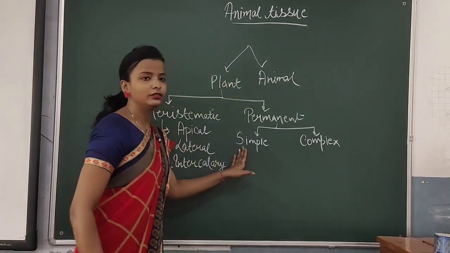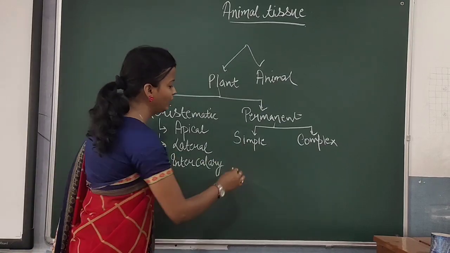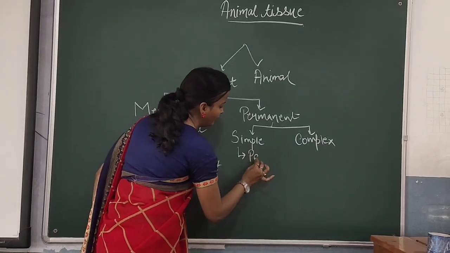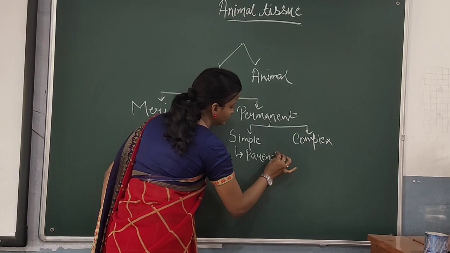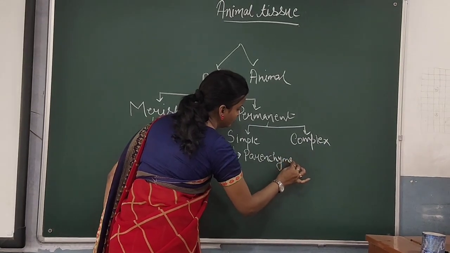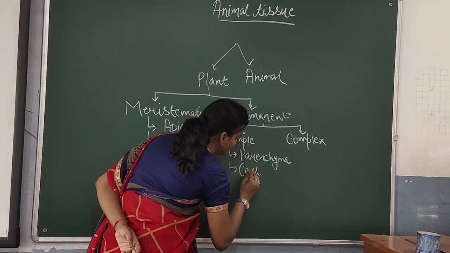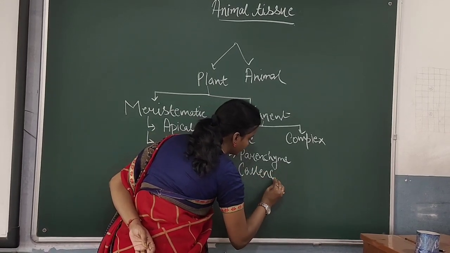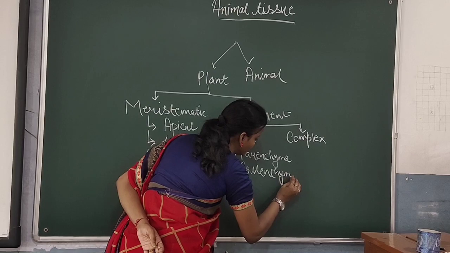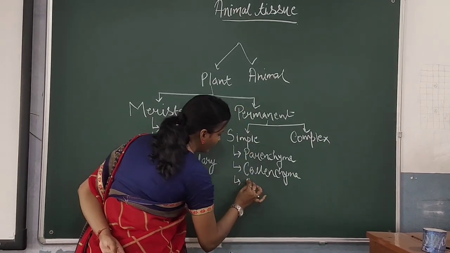The simple permanent tissue is of three types: parenchyma, the second one is collenchyma, and the last one is sclerenchyma.